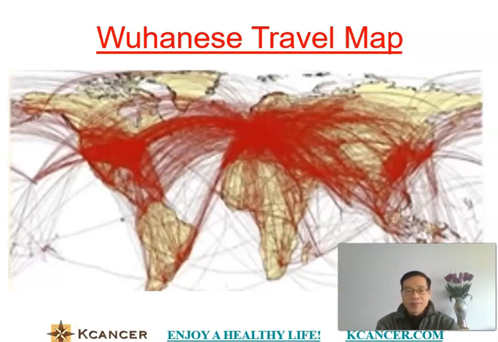So it looks like the social transmission is really hard to control at this stage.